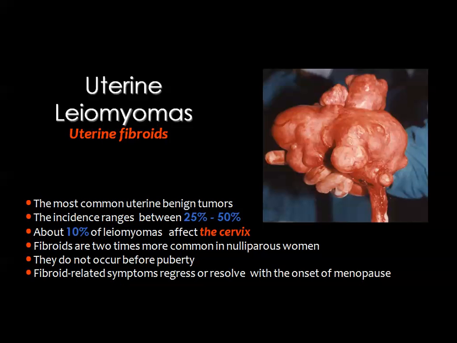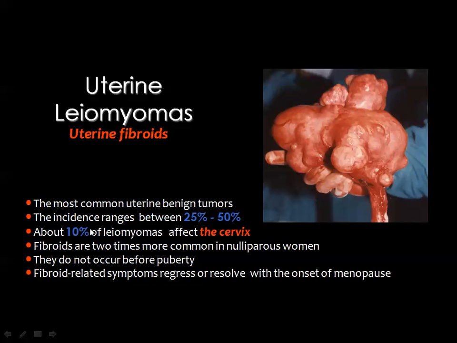Then we start with one of the common pathologies affecting the uterus, and this is the uterine leiomyomas or the uterine fibroids. This is considered the most common uterine benign tumor, and the incidence is about 25 to 50%.